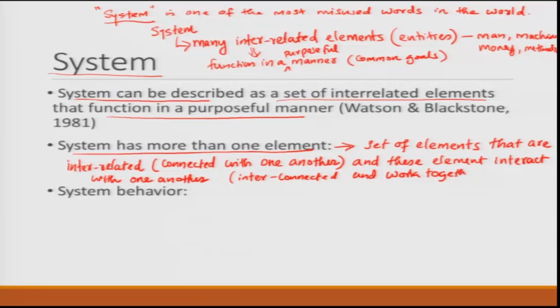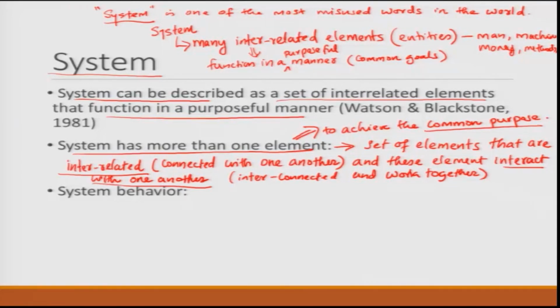Okay. Why do they do all of these? To achieve the common purpose. The reason these interrelated elements interact with each other is to achieve the common purpose or the common goal.